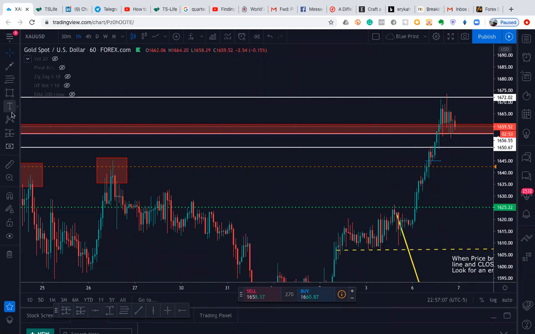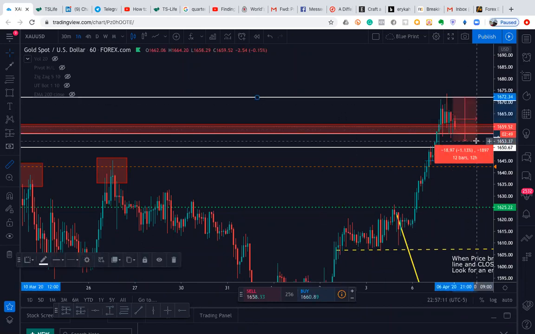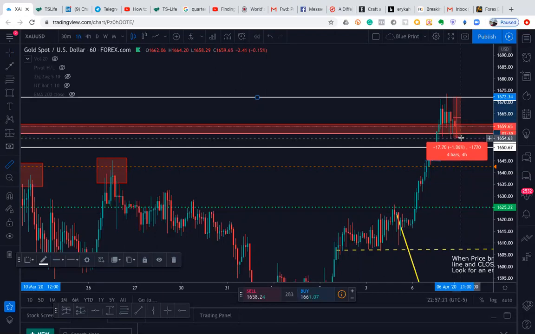For all intents and purposes, from here to here, what's that, 17 on gold? That's not 177 pips, that's a decimal.